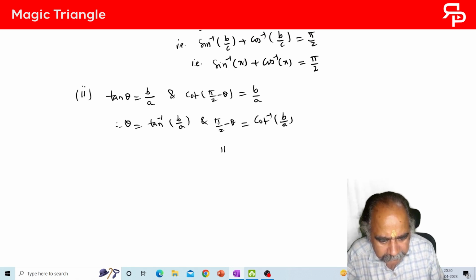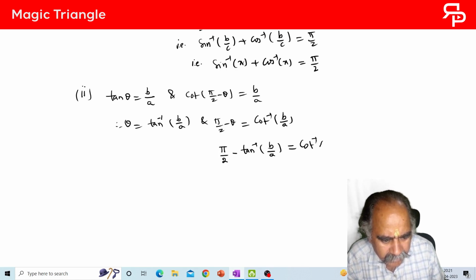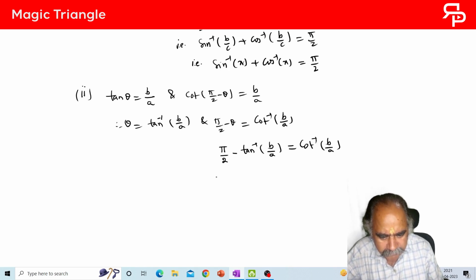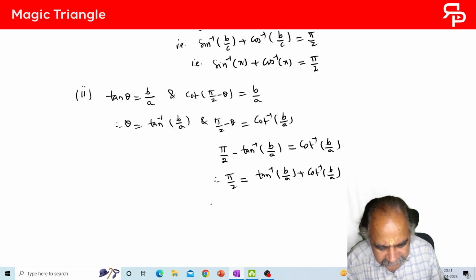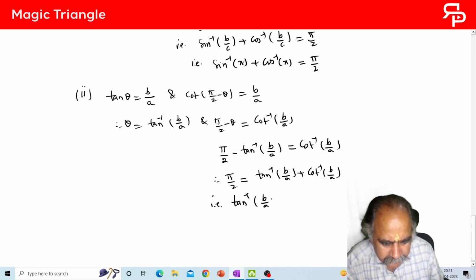This pi by 2 keep as it is, and theta is replaced by tan inverse B by A. So pi by 2 minus tan inverse B by A is equal to cot inverse B by A. Therefore, pi by 2 is equal to tan inverse B by A plus cot inverse B by A.